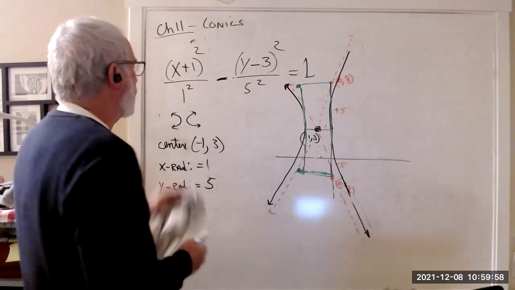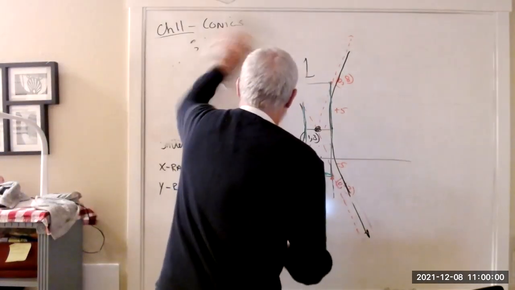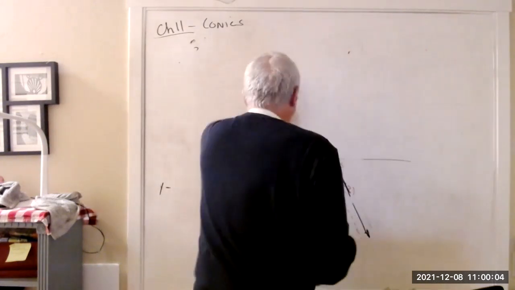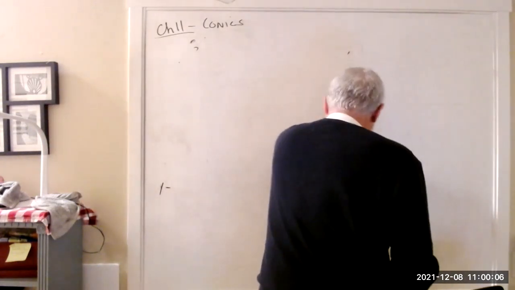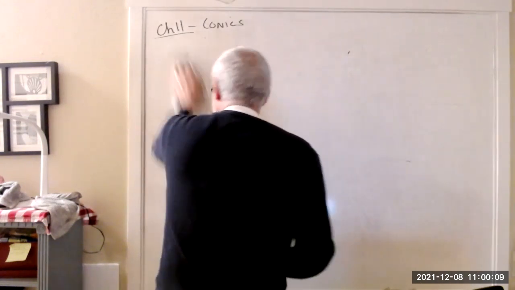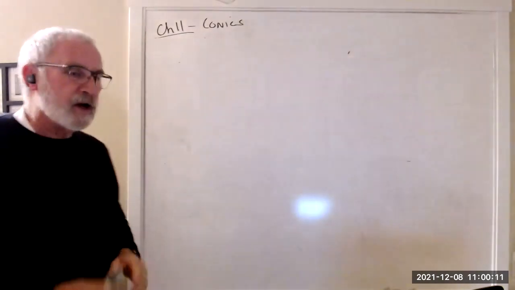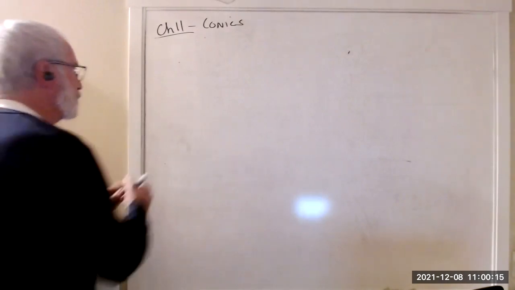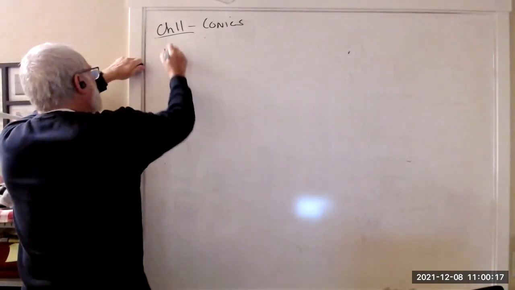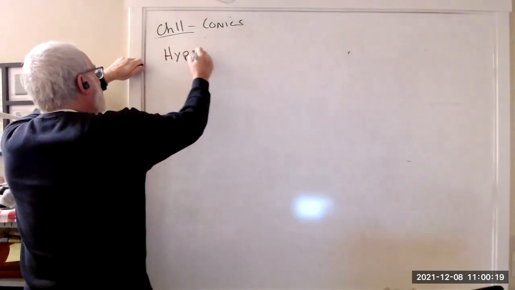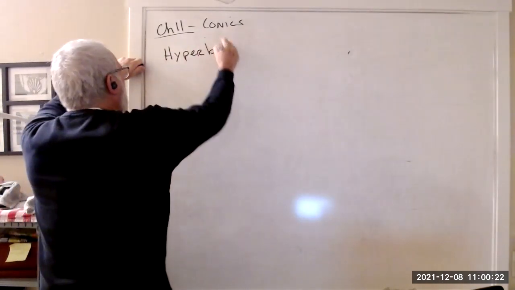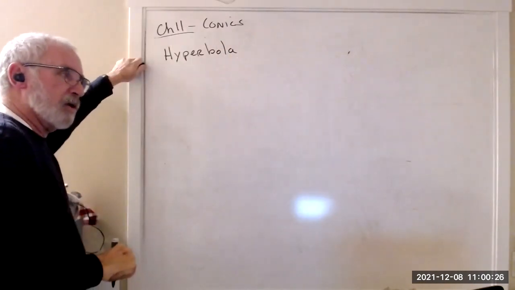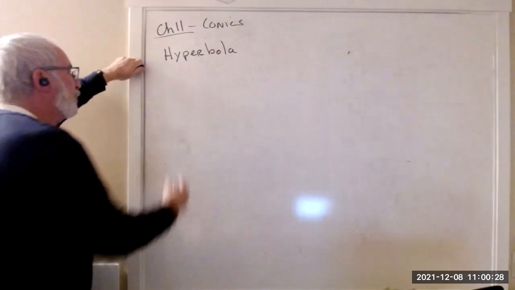Okay. There is another hyperbola. Instead of this up, down, or left, right hyperbola, there is a hyperbola that does show up in your future classes. It's a special type of hyperbola, and this does show up often in future classes.